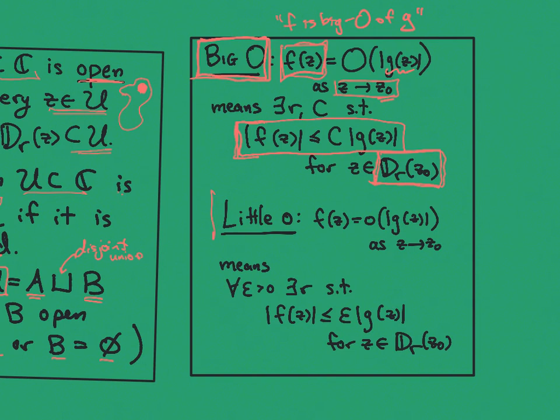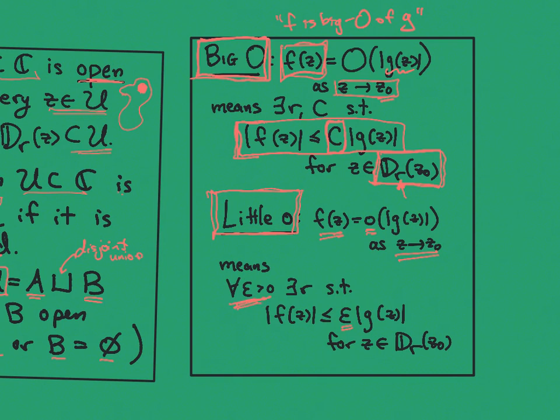Now little o basically means that you can take the constant up here to be as small as you like, but you do have to pay the price that maybe you have to make the radius smaller. So we say f is little o of g as z goes to z naught means that for every epsilon, and epsilon is going to be our constant in front of g, we can attain that constant.